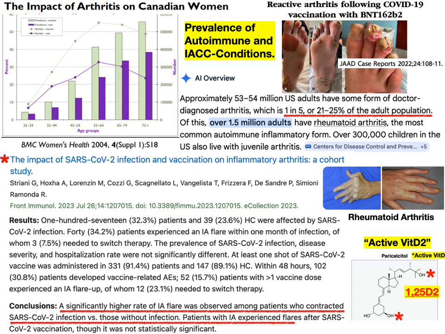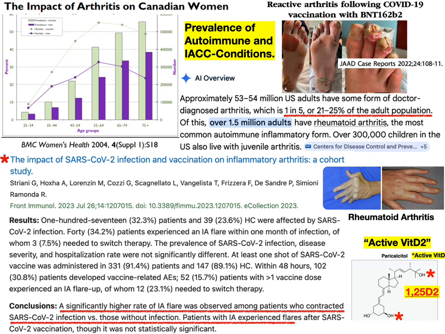Let us now discuss this paper, the impact of SARS-CoV-2 infection and vaccination on inflammatory arthritis, a cohort study. Now, this is not new onset arthritis. What they're analyzing is the impact of COVID infections and COVID vaccines on producing flares of inflammatory arthritis.